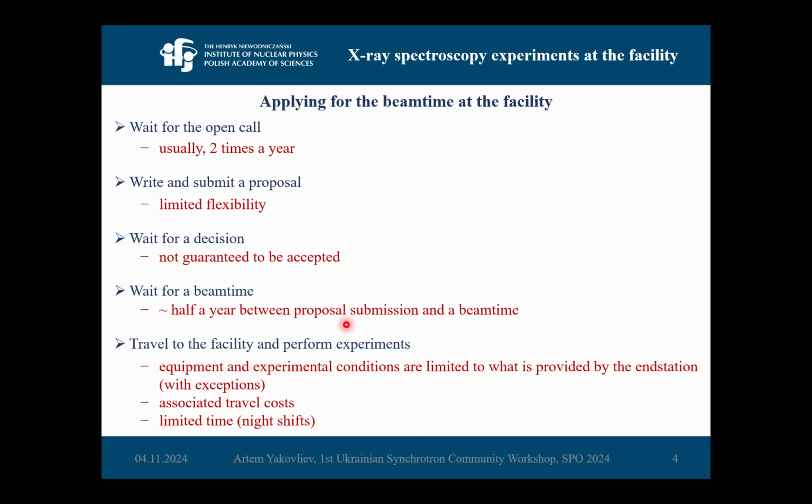And also, unfortunately, this process can be quite tedious, and usually it takes around half a year between when you submit your proposal to the facility and when your actual beamtime starts. Other drawbacks would be, of course, limited flexibility, and usually you have a short allocated time, a few days up to a week.